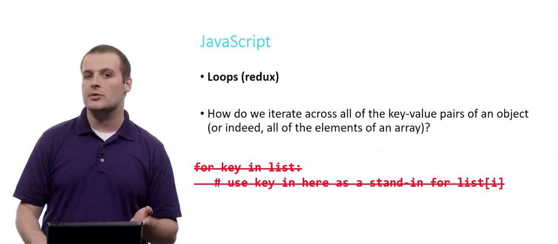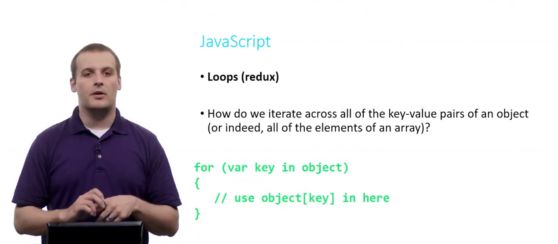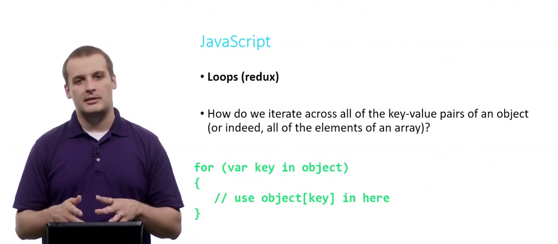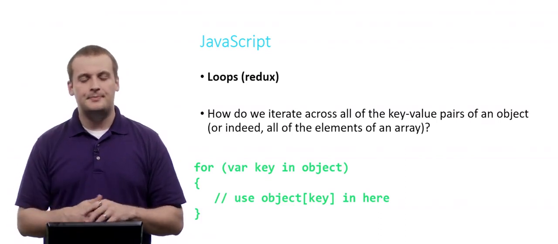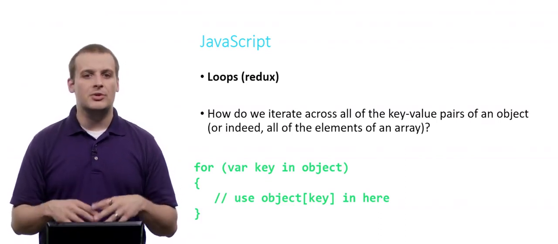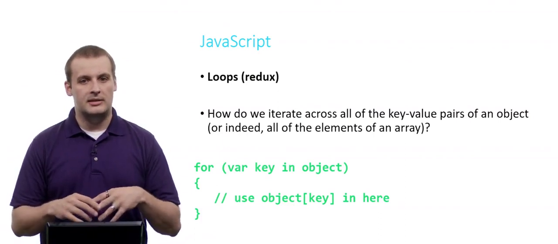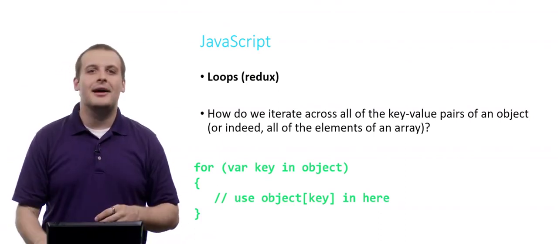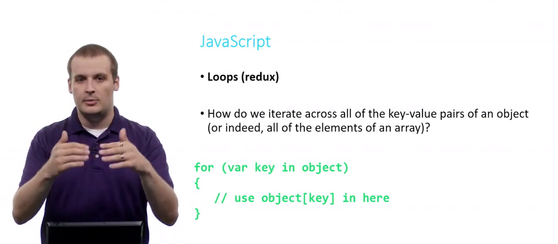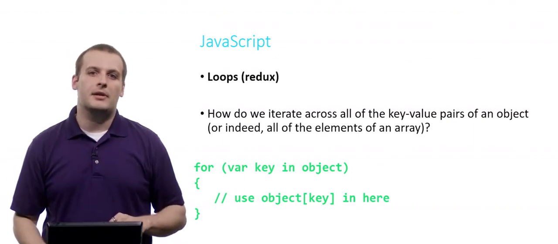We can't do that in JavaScript, but we can do something pretty similar: for var key in object, and then open curly brace. And between those curly braces, we can use object square bracket key to refer to the keyth element of the object, or the keyth key in a key value pair set of the object.